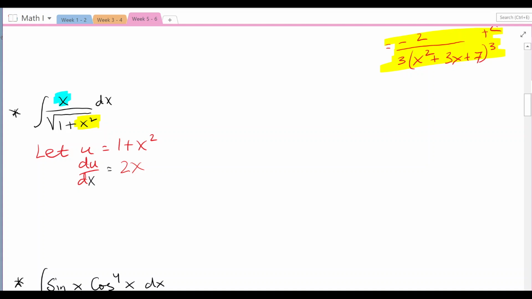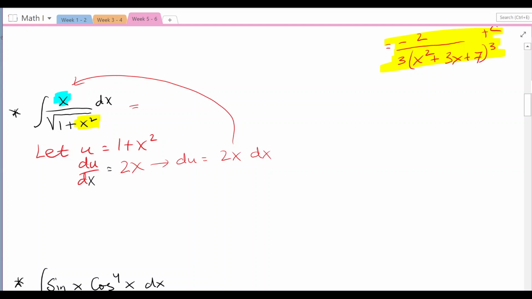That's our u. Therefore, from here du equals 2x dx. As you can see here, we already have x dx in there, so we can rearrange the equation.